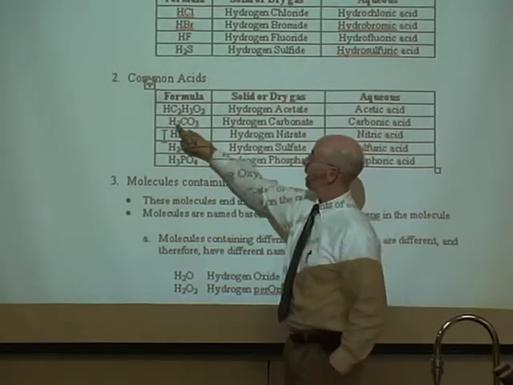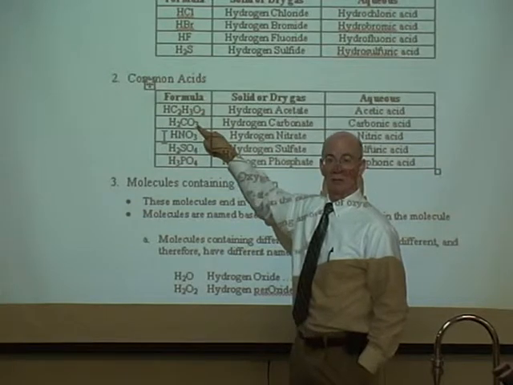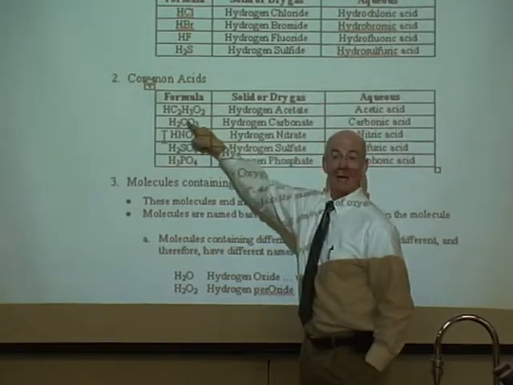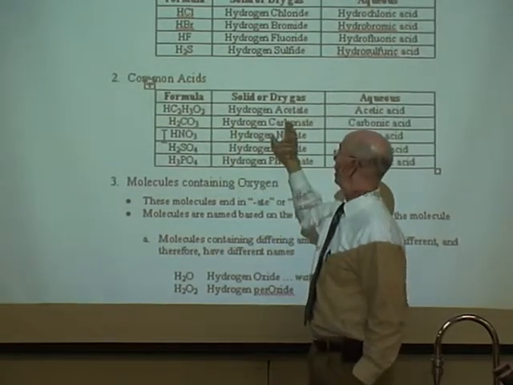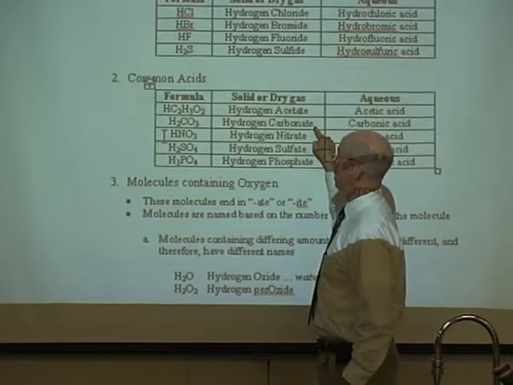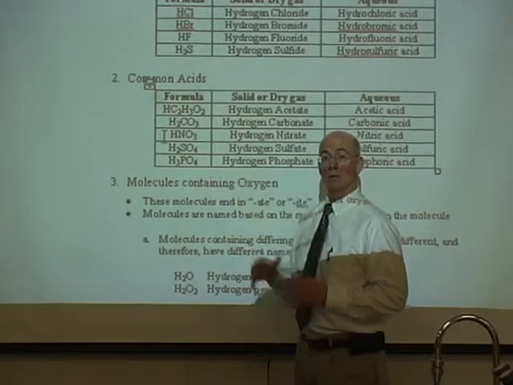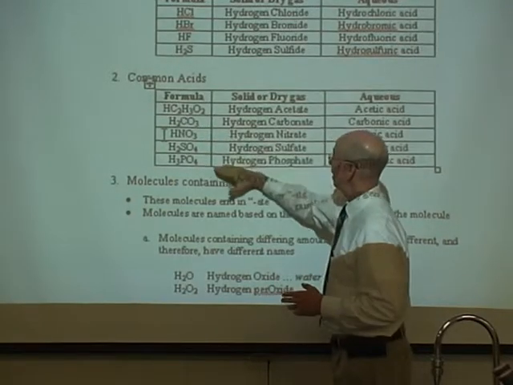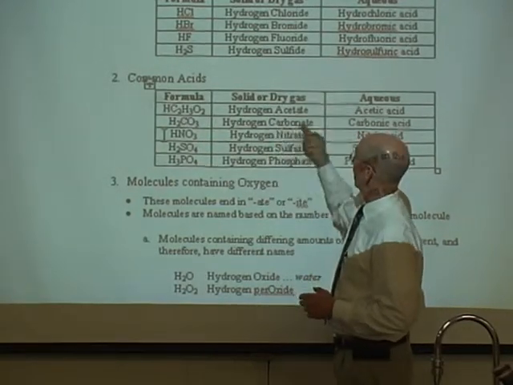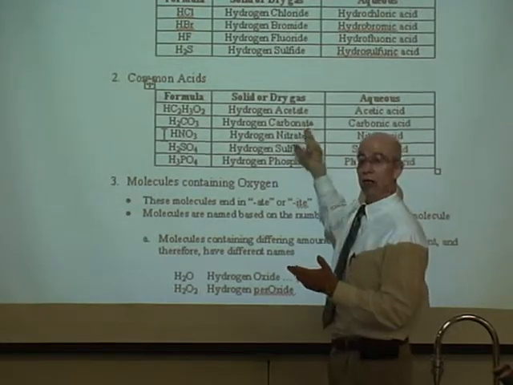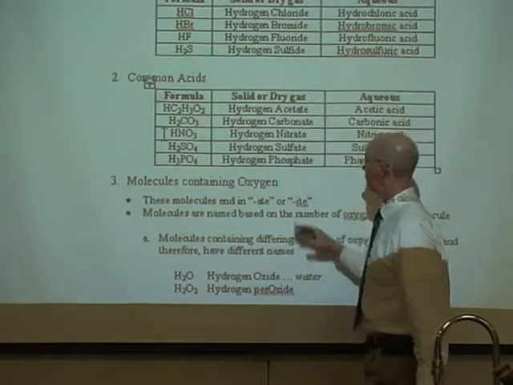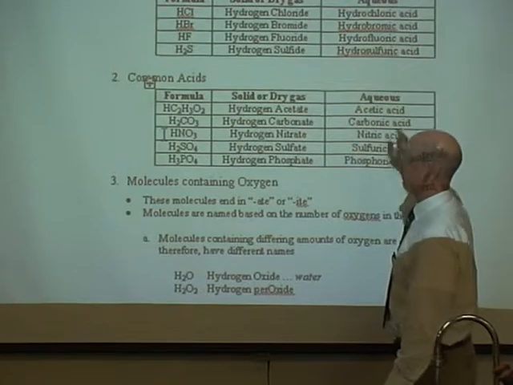Let's do another one. Hydrogen carbonate, right? You look this up on the polyatomic ion chart. So the metal and the non-metal. Hydrogen carbonate. If we put it in water, it becomes AQ here. So now it's an acid. We drop the hydrogen in the name. The ATE here becomes IC. So it is carbonic acid.